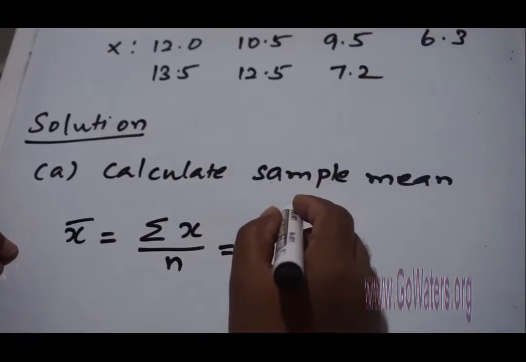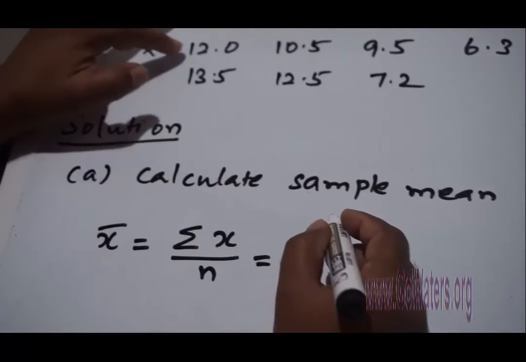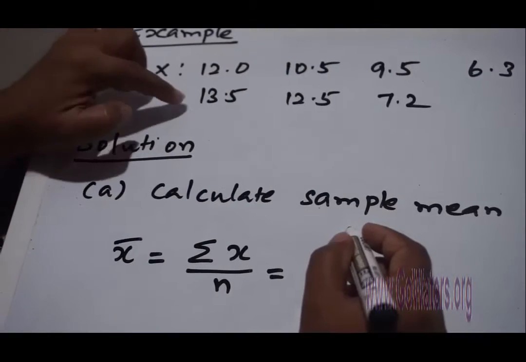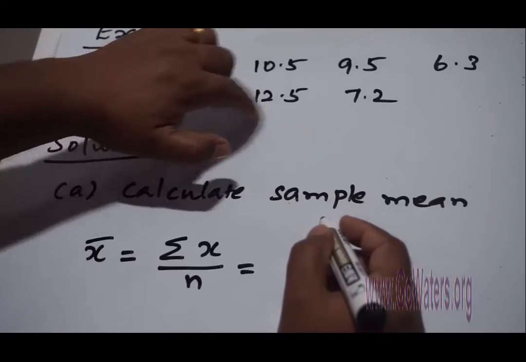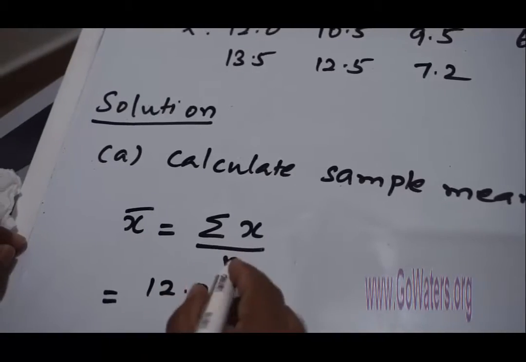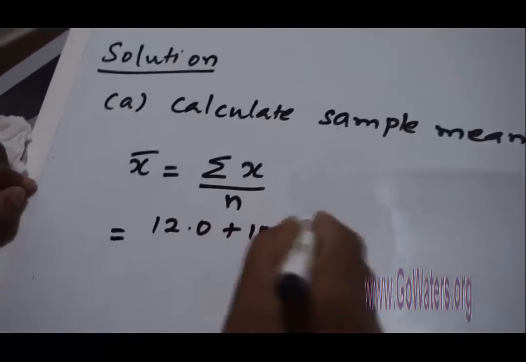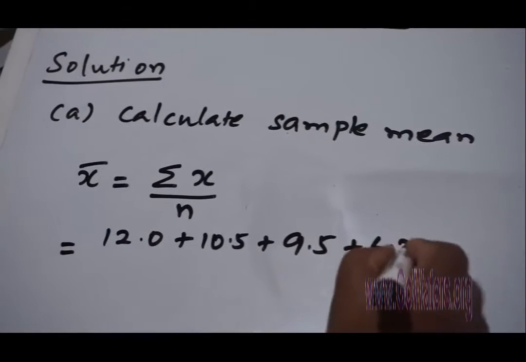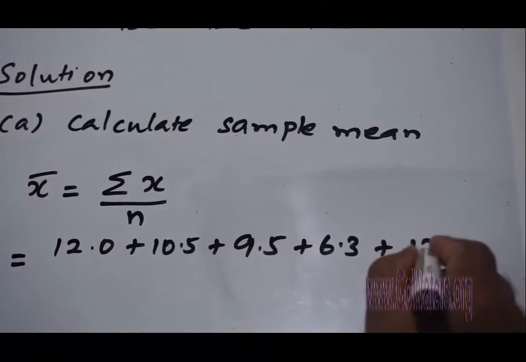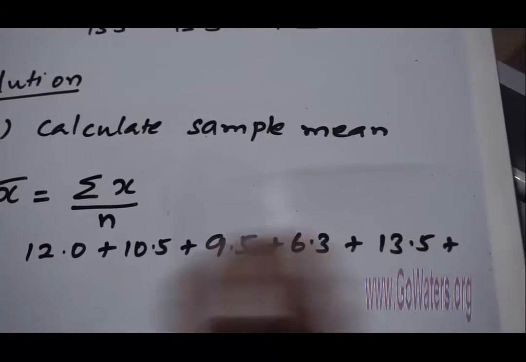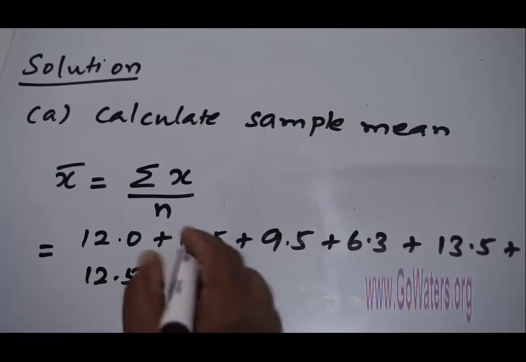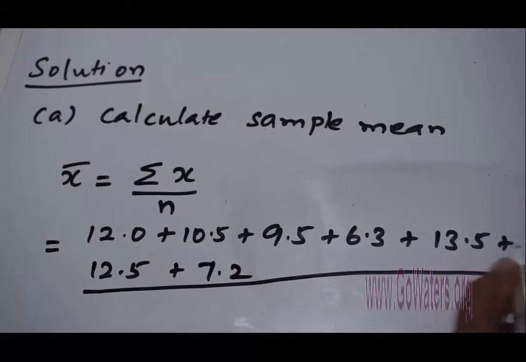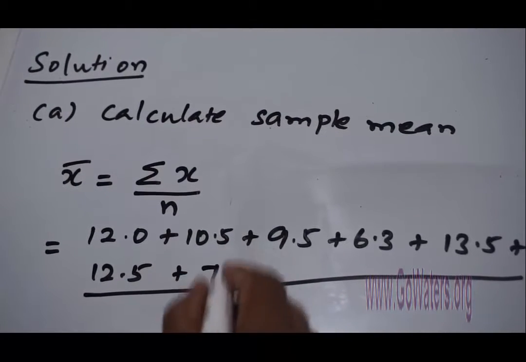So the sum of x is 12.0 plus 10.5 plus 9.5 plus 6.3 plus 13.5 plus 12.5 plus 7.2, the whole divided by 7.